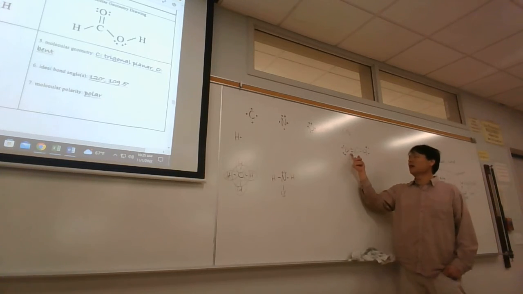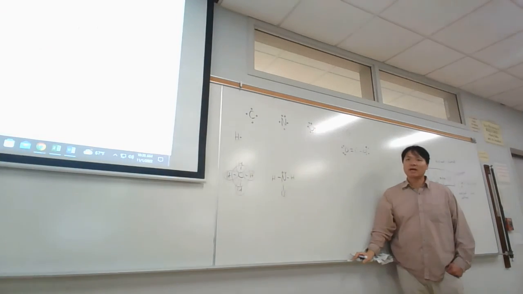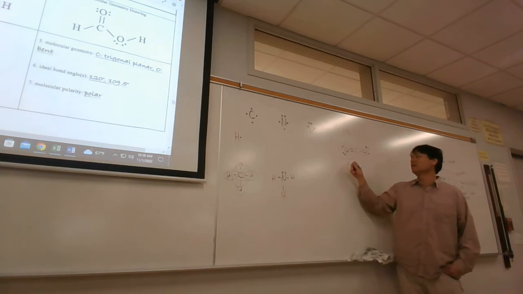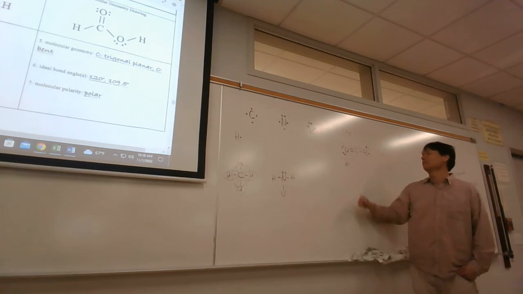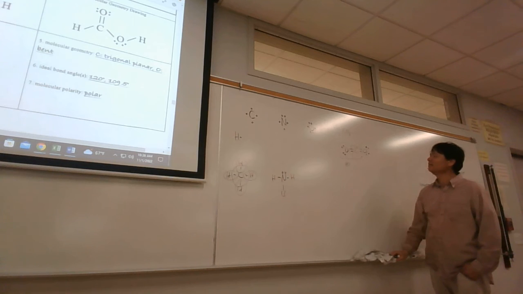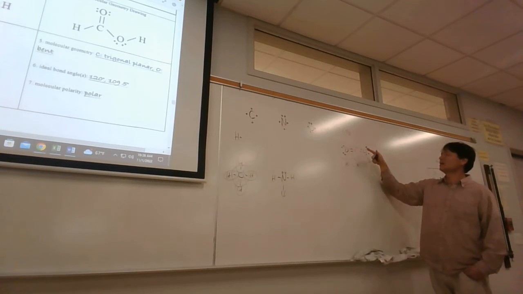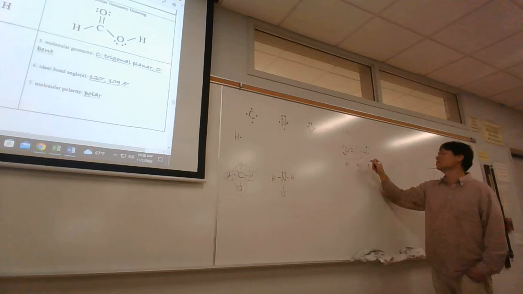And so altogether, how many electrons does oxygen have? 6. How much is it supposed to have? 6. So it broke even. So we have 0 formal charge. This carbon, how many electrons does this carbon have? 4. How many is it supposed to have? 4, so it's even. 0 formal charge. This oxygen, same as this, 6 and 6. So that's 0 also. So there's no formal charges here.